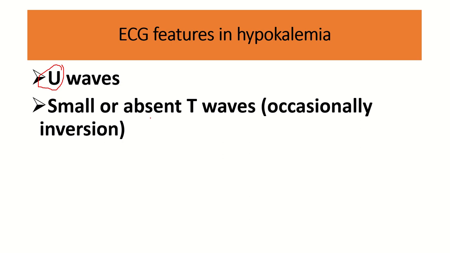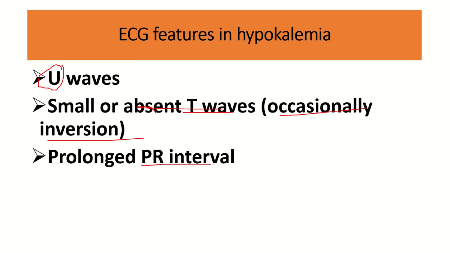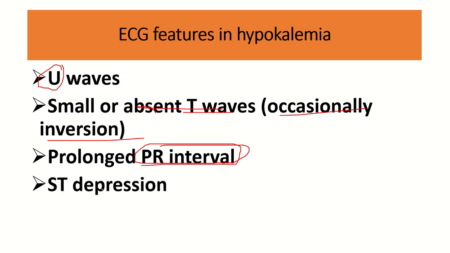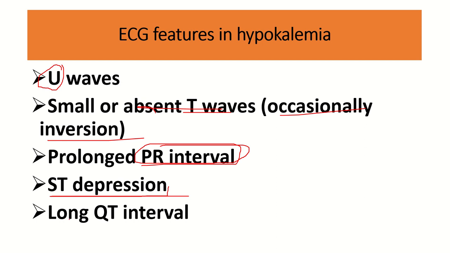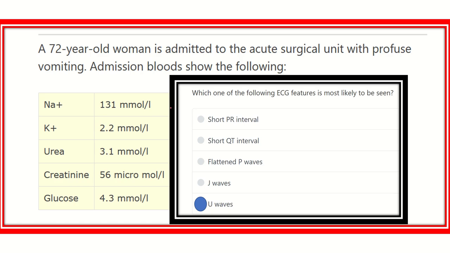Then a small or absent T wave, occasionally inverted. Then a prolonged PR interval, which means all the intervals will be increased in hypokalemia, and the other features will be decreased. Then ST segment depression, then a long QT interval. All the intervals will be increased, segments and waves will be decreased or absent, and the U wave appears.